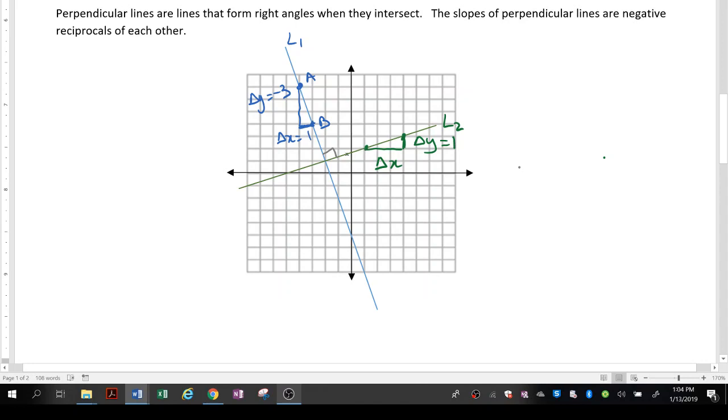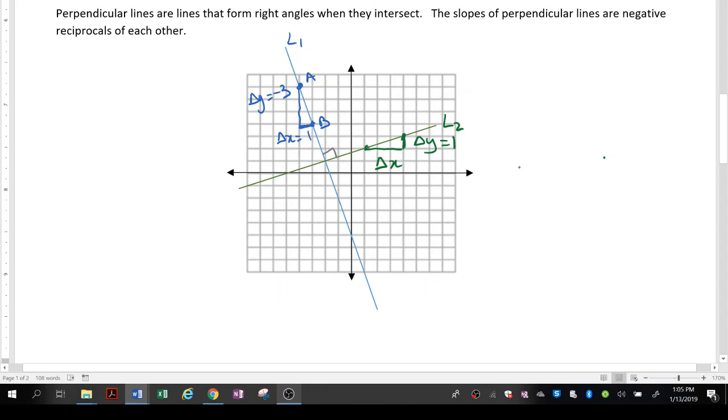And we're rising as we read this from left to right, so this becomes positive. Our change in x, again, as we rotate, is simply what our change in y was. So as we rotate that line 90 degrees, this value becomes this value here.